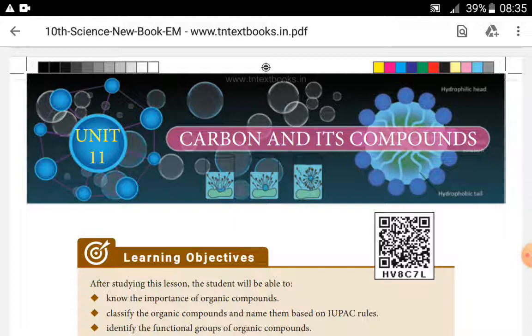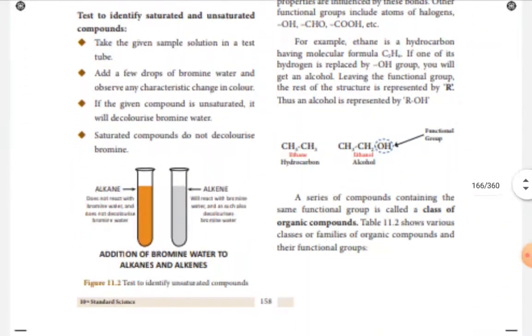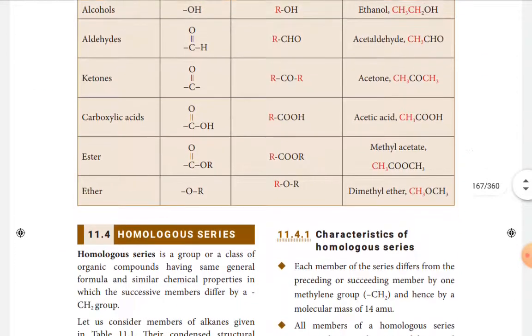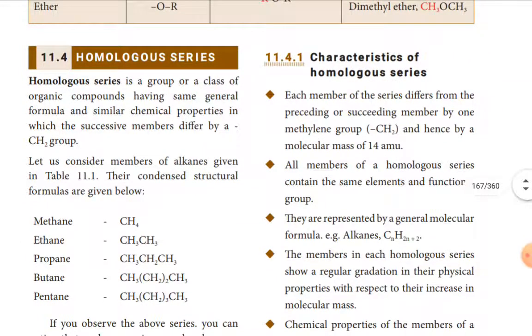When you move to page number 159 of your book, in 11.4, you can get the answer for the homologous series. Here it is explained clearly what is meant by homologous series. Homologous series is a group or class of organic compounds having the same general formula and similar chemical properties, in which the successive members differ by a CH2 group.